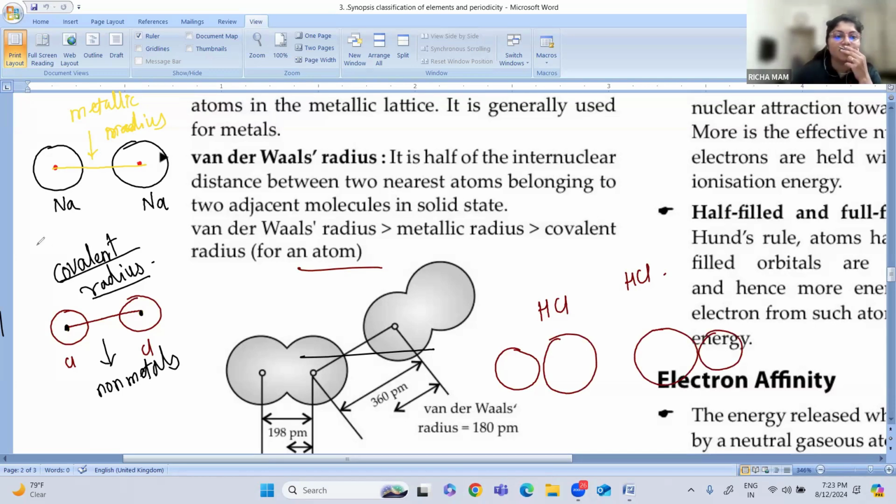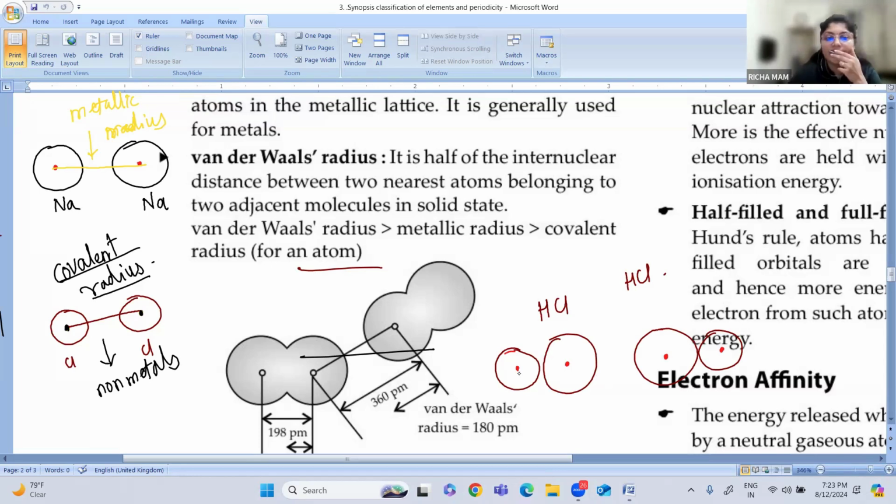So these are the two molecules. Hydrogen nuclei, chlorine nuclei, chlorine nuclei, hydrogen nuclei. We know that cations will be smaller in size compared to the anions. So I have taken a molecule here.